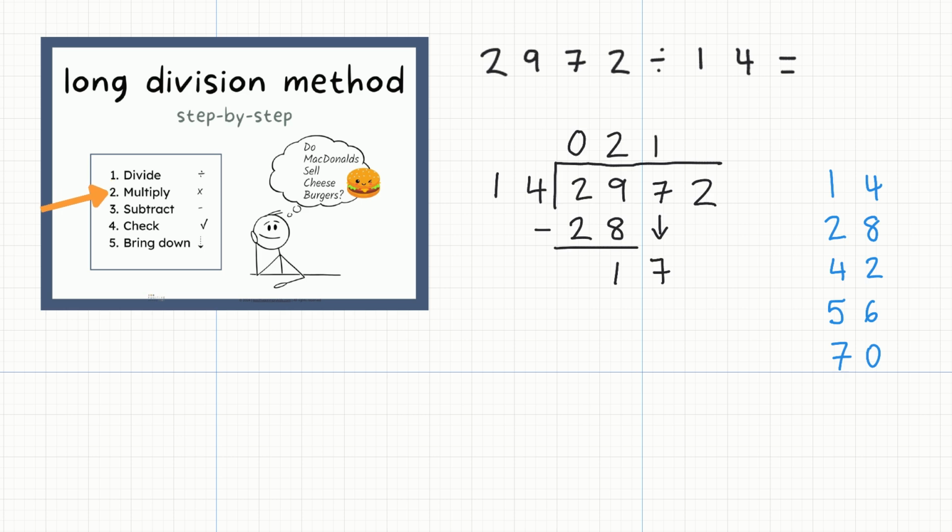Step 2, we're going to multiply 1 and 14, which is 14. Step 3, going to subtract 14 from 17.